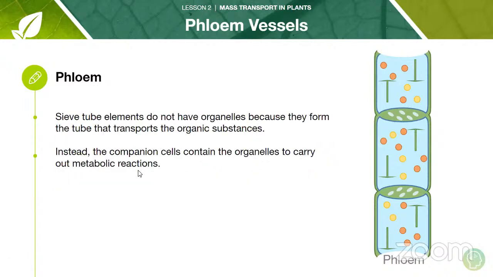Sieve tube elements do not have organelles because they form part of the tube that transports the organic substances. Instead, the companion cells can carry the organelles, and the companion cells move substances into the sieve tube, and that moves the water and the ions through.